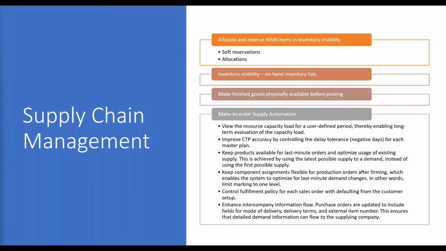The other thing from an inventory visibility perspective is the on-hand inventory list. Think about it this way: every time you do an on-hand query inside of a database or an environment, you have a performance impact, because it has to calculate very quickly what we have on hand based upon sales orders and transfers, basically our demand and supply.